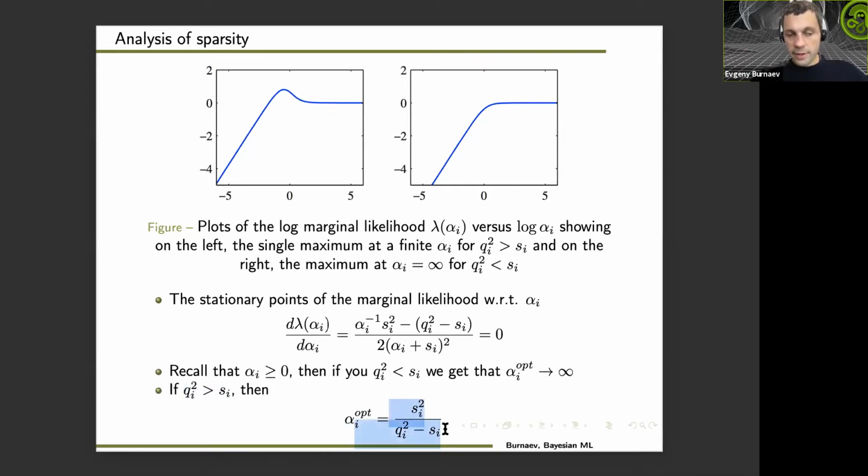It is some finite positive value, and this happens because the function lambda of alpha can have two patterns of behavior. This is the first pattern, which happens when this inequality holds true, and this is the second pattern, which holds when this inequality holds true.